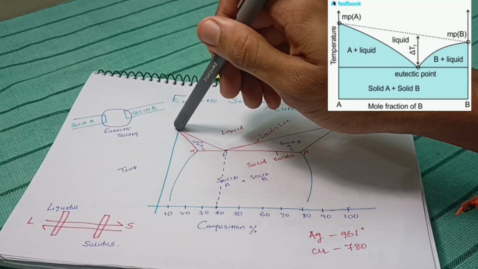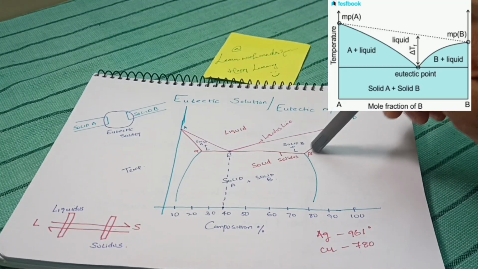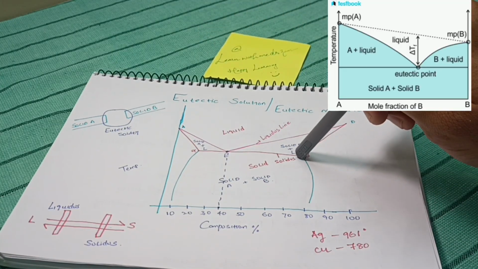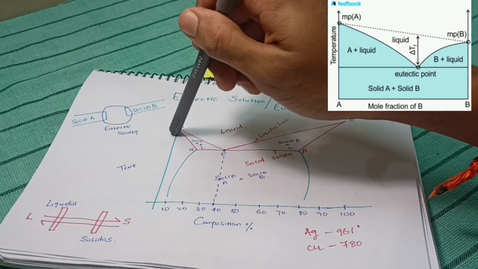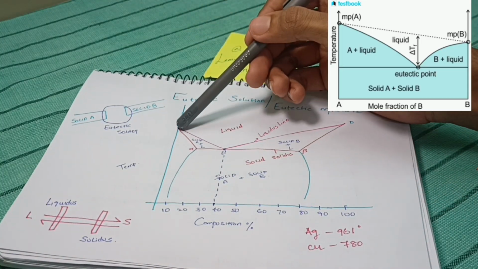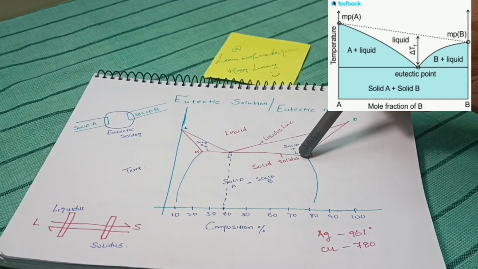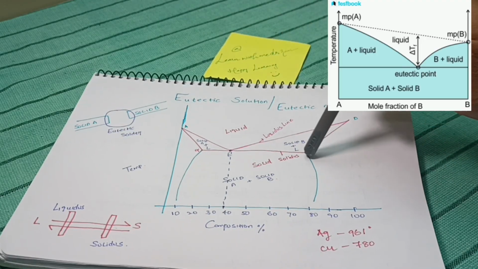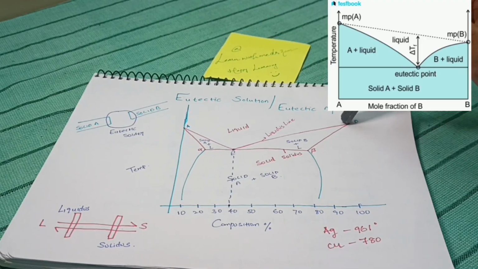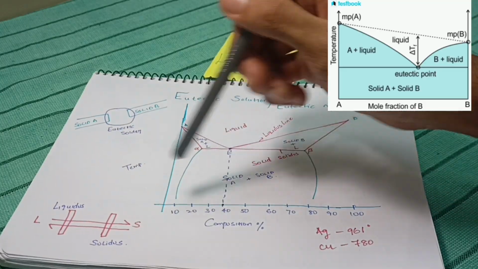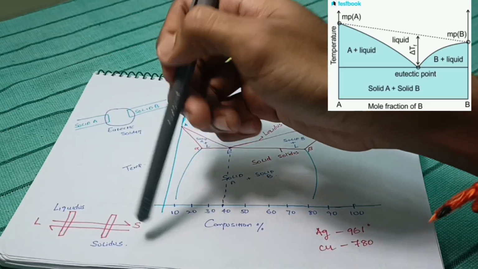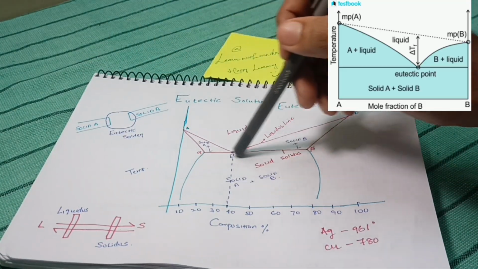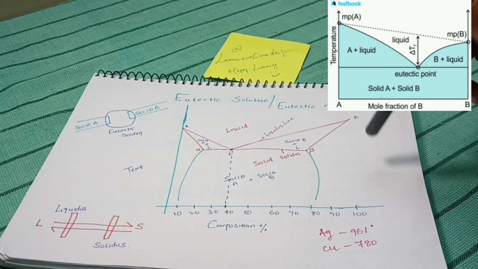And this other line is known as the solidus, where the metal transforms from the solid state into the liquid. We have discussed liquid to solid and solid to liquid, and the same way they are represented on a graph sheet.